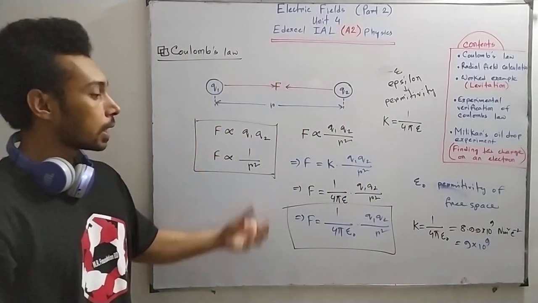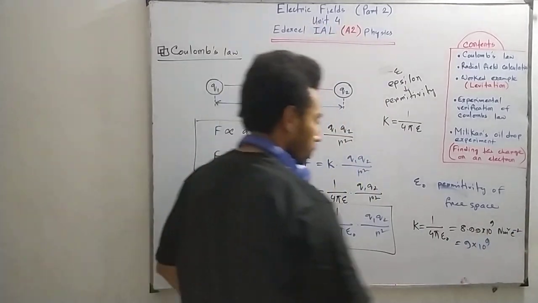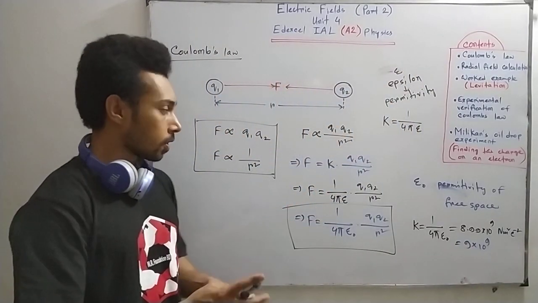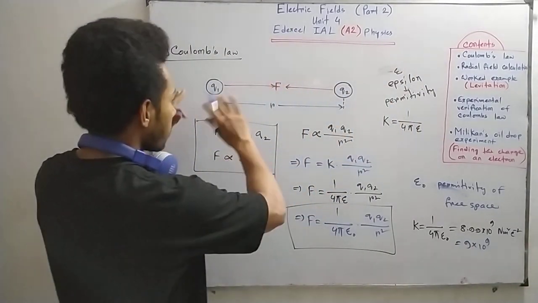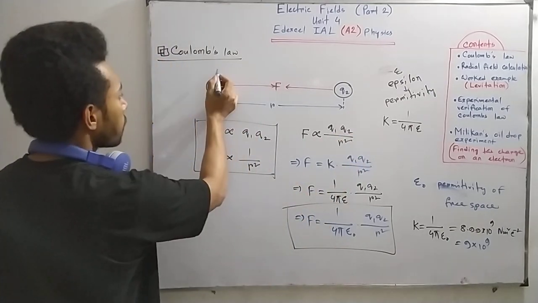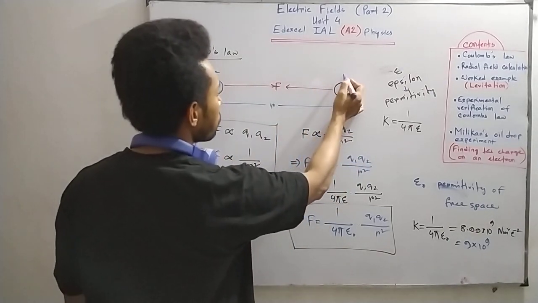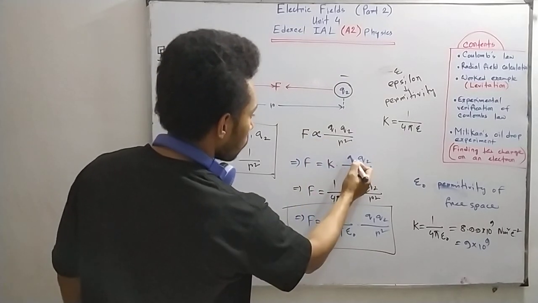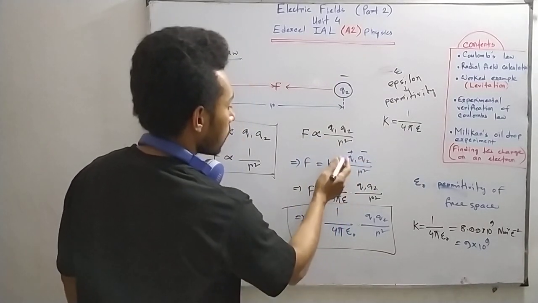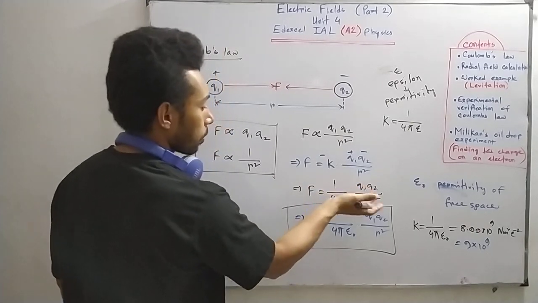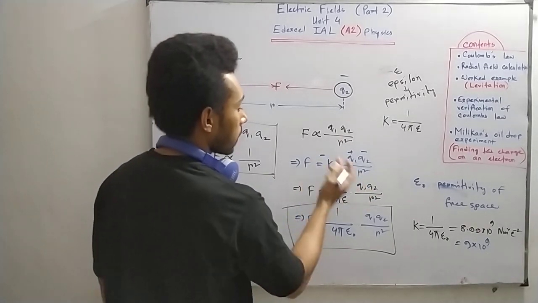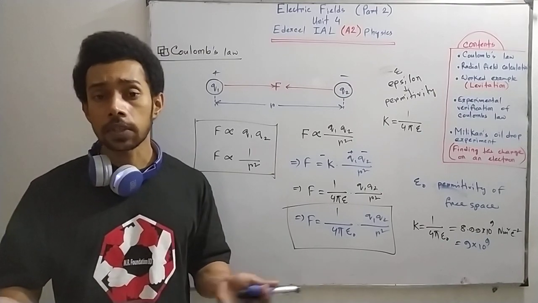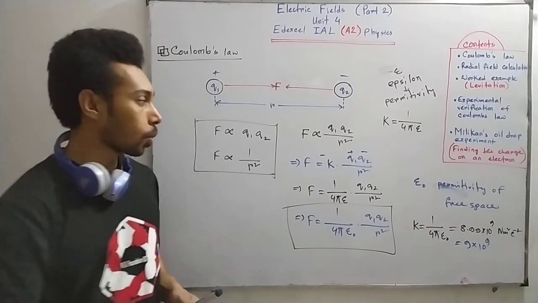So this is Coulomb's law, and from the formula we can find out whether the force will be attractive or repulsive. Look at the diagram and the formula. If Q1 is positive and Q2 is negative, there will be a negative sign. The product will have a negative sign, which shows the force is attractive. Negative sign stands for attractive forces.